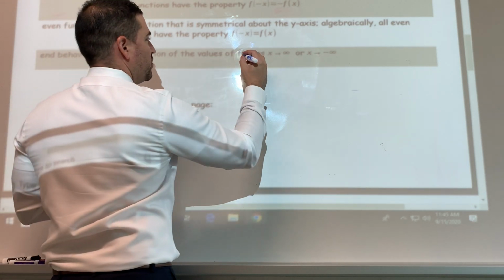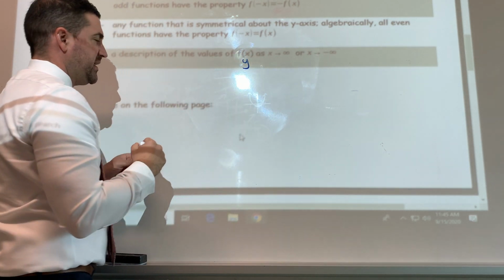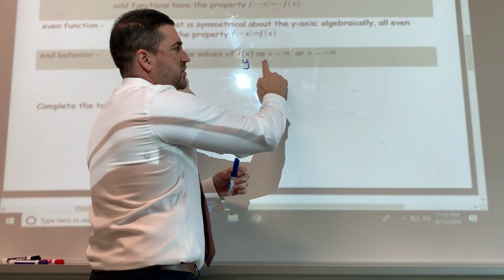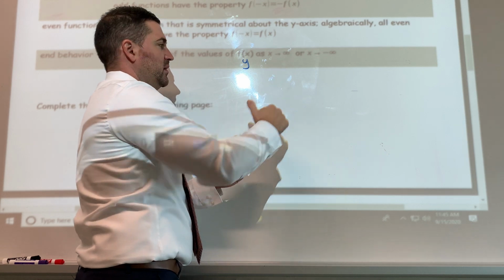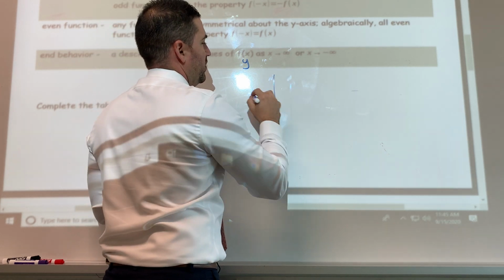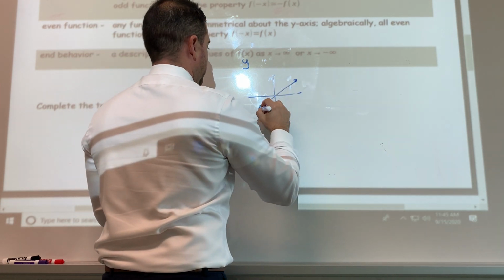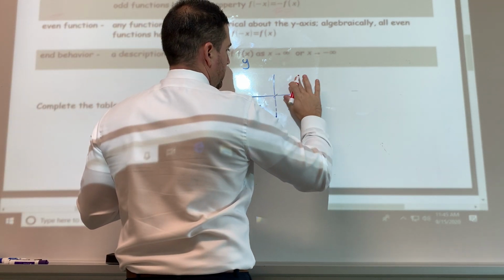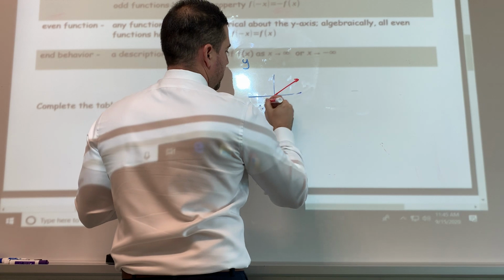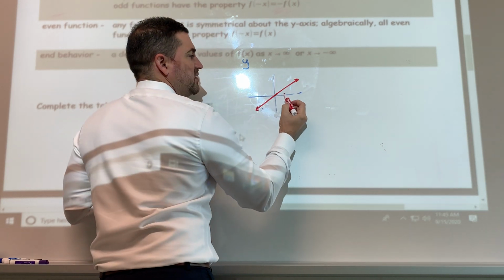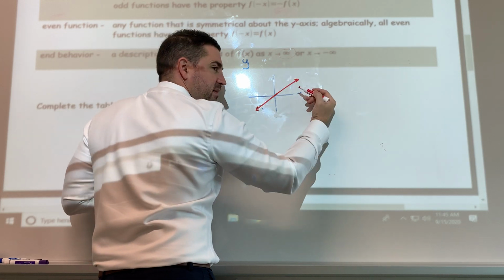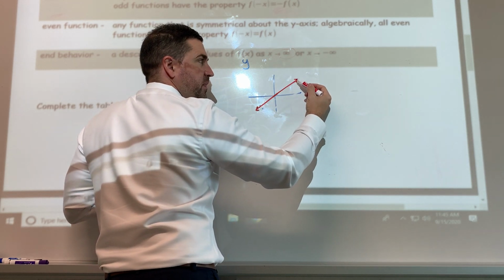Remember, f at x is y. Say a linear equation. The end behavior tells us what happens when our x gets larger and larger, approaches infinity, to our y values, okay?